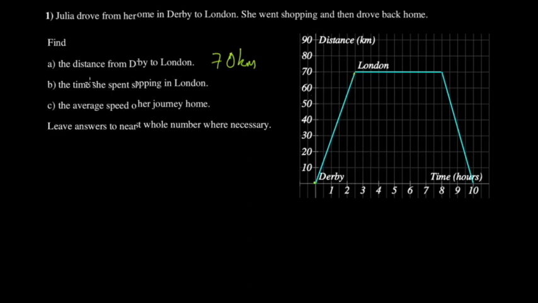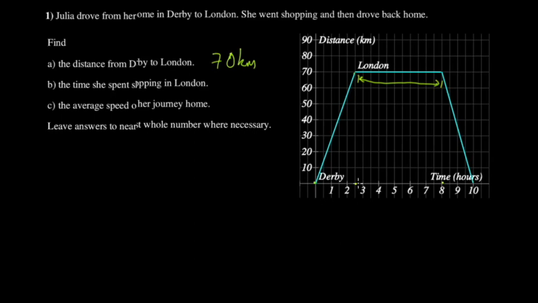Next, the time she spent shopping in London. You're looking at this time interval here, where she was at a stop. You want to figure out the time there. Remember, this is 8 hours, and this one is 2.5.